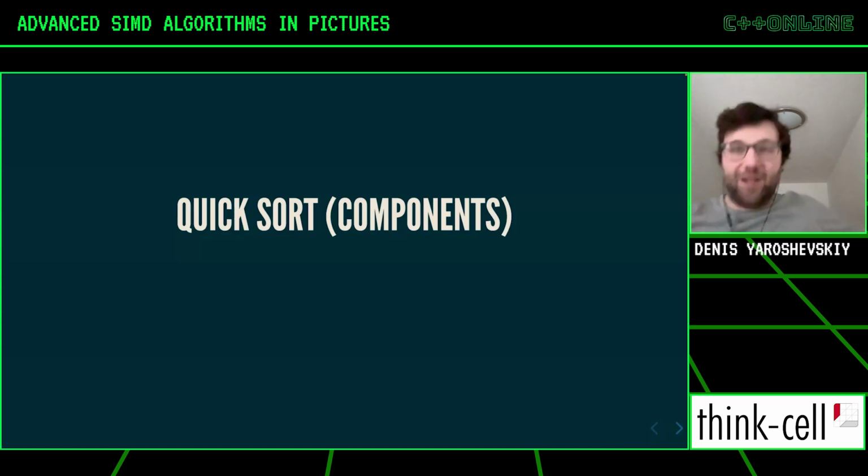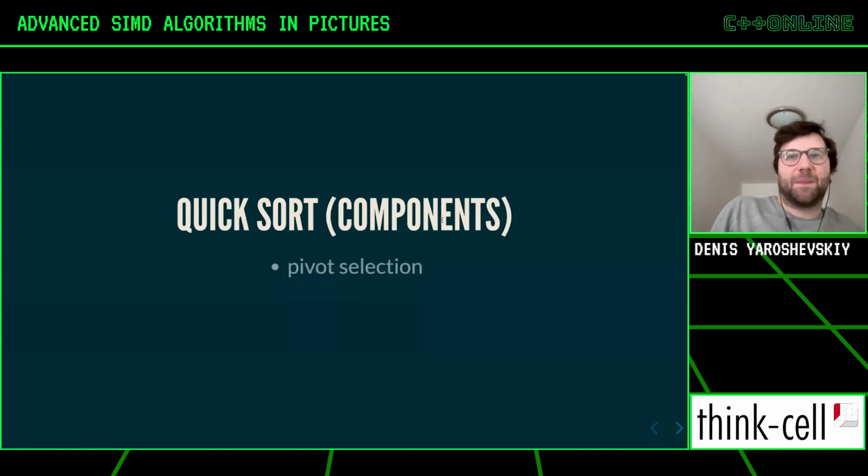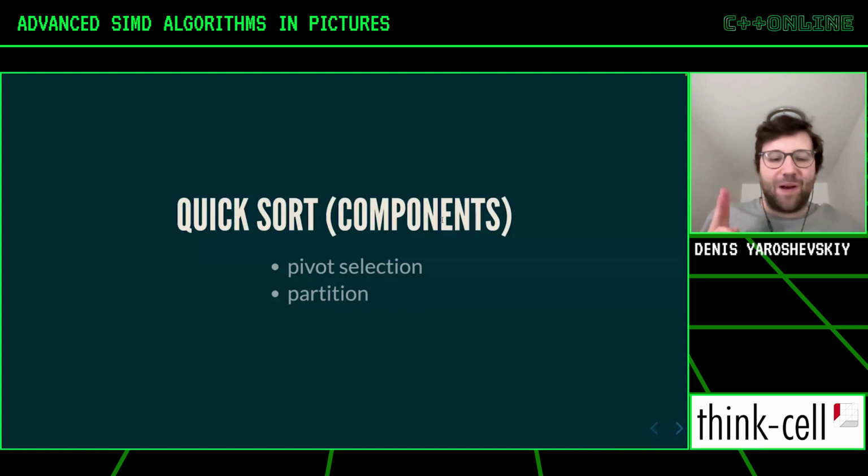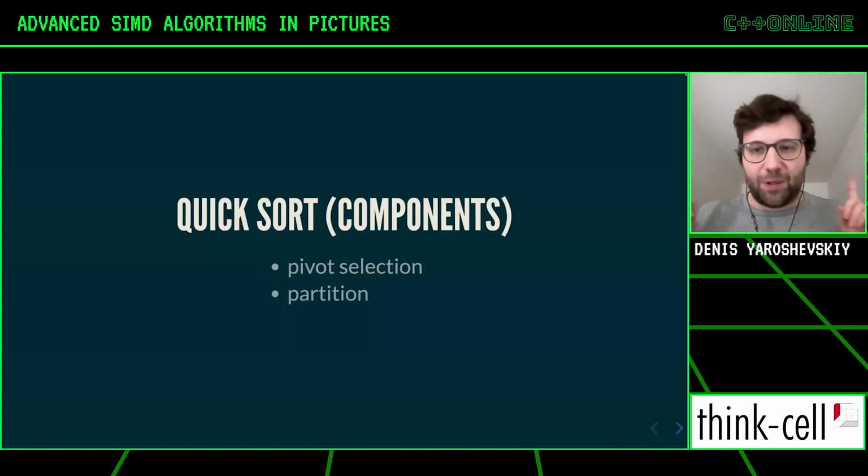Pivot, partition, very good. The third one is recurse, but it's not really that. There is something people do when quicksort goes to the very, very end.